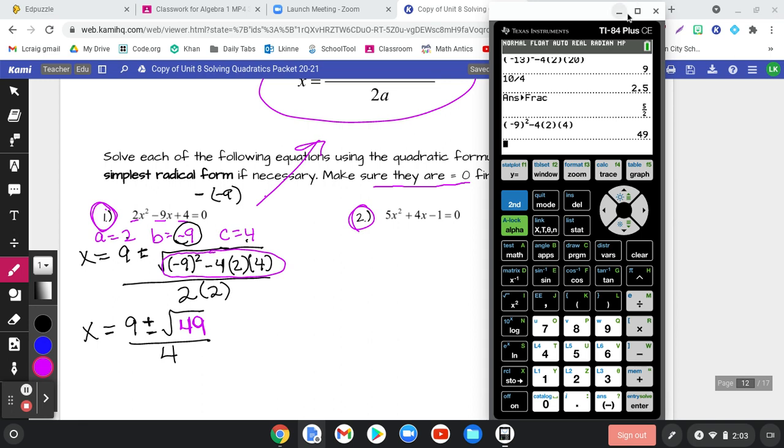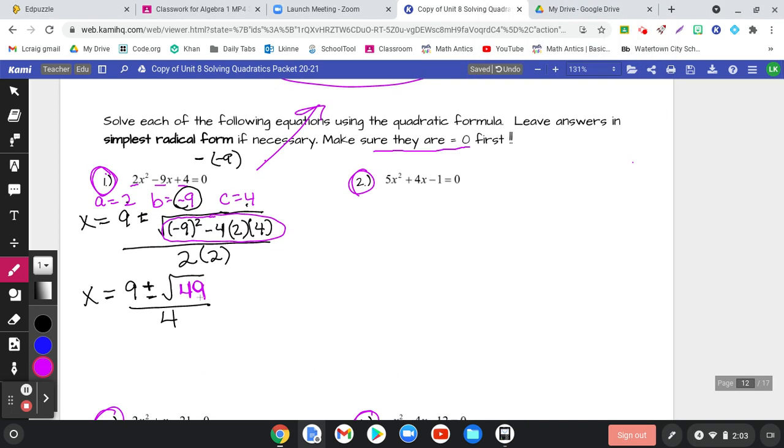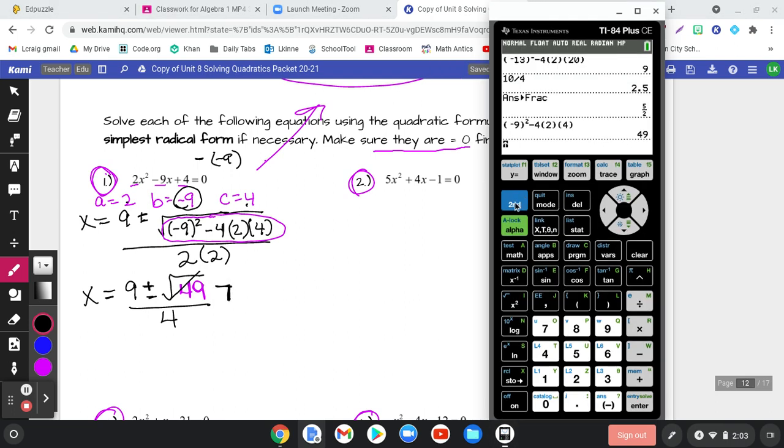Okay? So now we're going to decide, is this a perfect square? Yeah, the square root of 49 is 7. So instead of writing the square root of 49, we're just going to write plain old 7. If you don't know what the square root is, put it in your calculator. Second, x squared, 49, 7.